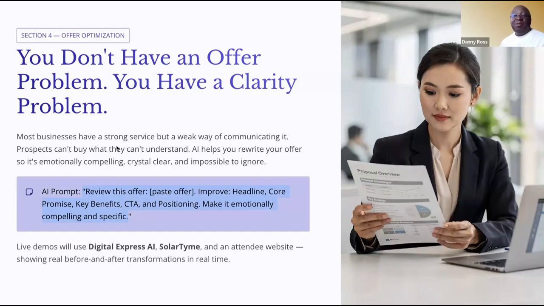A clarity problem. What's a clarity problem? You're excellent at doing whatever your industry is, meaning your business's value is high. You're delivering on what you've promised, but you're perhaps not great at explaining it in a simple, clear way that is emotionally compelling. We've talked about this before, that people don't really buy products and services or features.